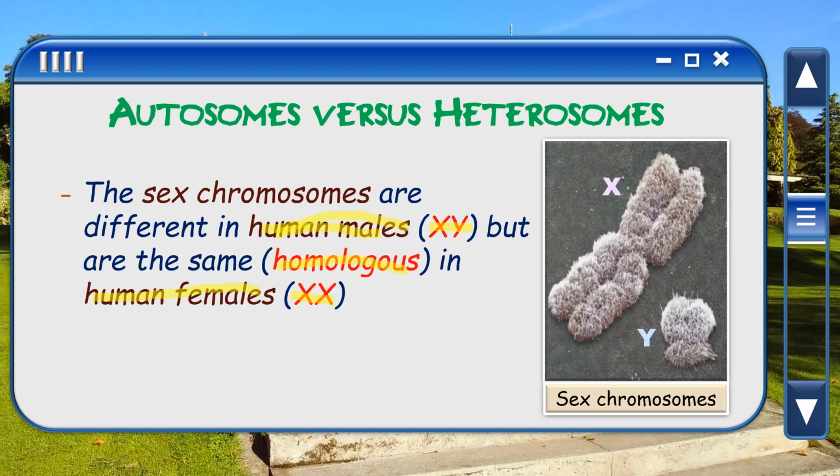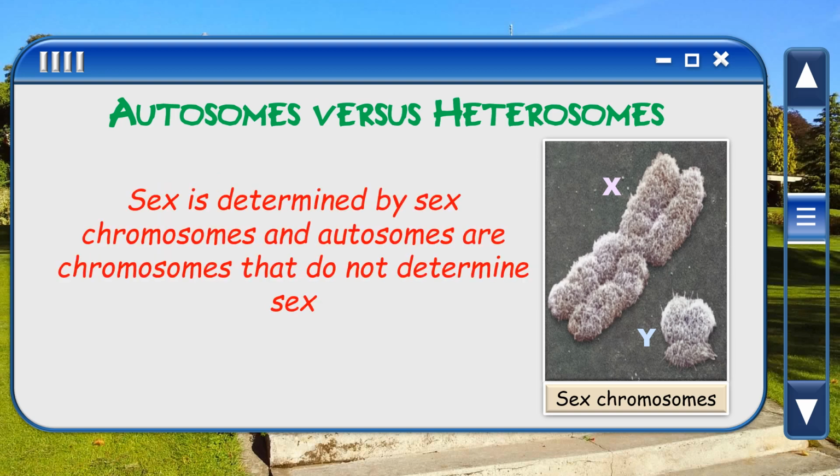They are the same in size and location of the genes at the same locus. But in human males, the sex chromosomes are different, meaning that they are not homologous. One is X, another one is Y. So they become different.